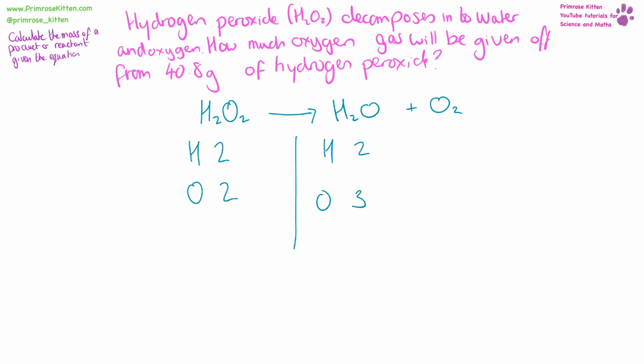So we can increase that by putting more oxygens over this side, 2 H2O2, giving us 4 hydrogens, 4 oxygens. Now we need some more hydrogens and oxygens over the right hand side, pop another H2O on there, and we have 4 oxygens and 4 hydrogens, giving us a final balanced equation of 2 hydrogen peroxides making 2 water and 1 oxygen. Now we need to know how much oxygen gas is given off from 40.8 grams of hydrogen peroxide.